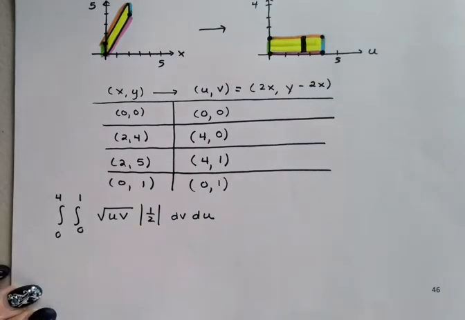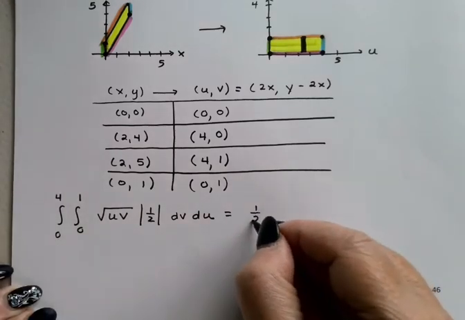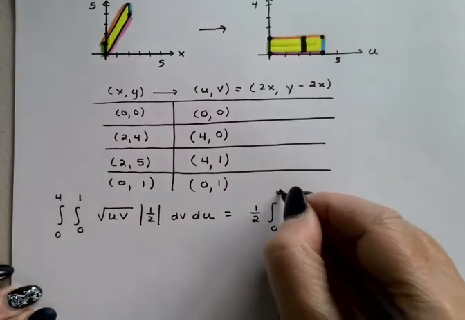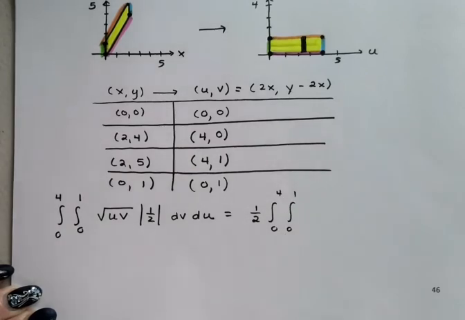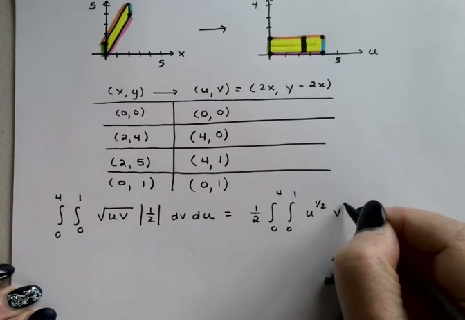All right, that looks a lot better than it did in the x and the y iteration, so I think we're going to be okay here. I'm going to pull that 1/2 out. And I'm going to think of this as u to the 1/2, v to the 1/2.